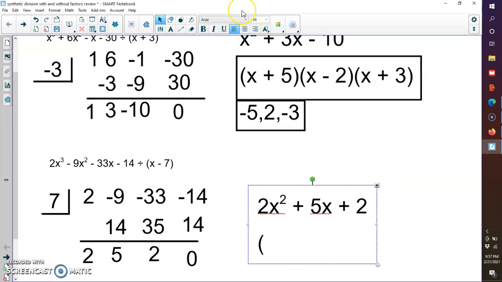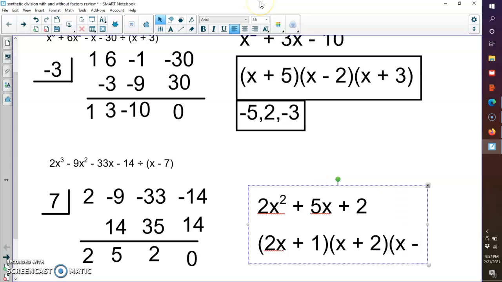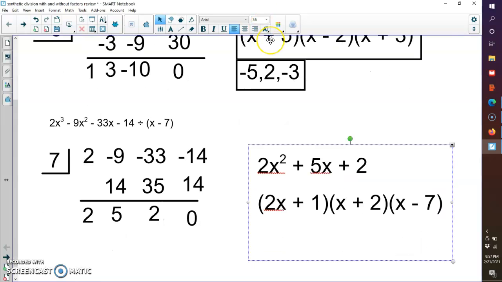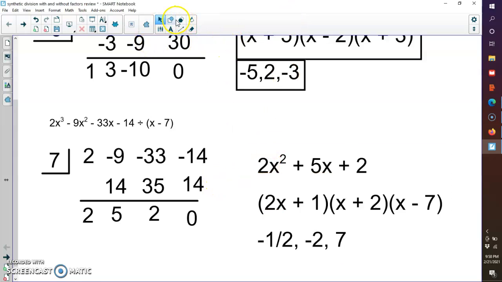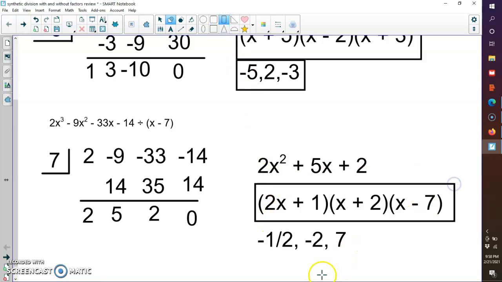And we're going to factor 2x plus 1, x plus 2, and I do have to include that other factor that was given to me, x minus 7. So my zeros are going to be -1/2, which makes the first parenthesis equal to 0, -2, and 7. And let's box up our answers because drawing the circle did not work very well. So these are my factors, and these are my zeros.